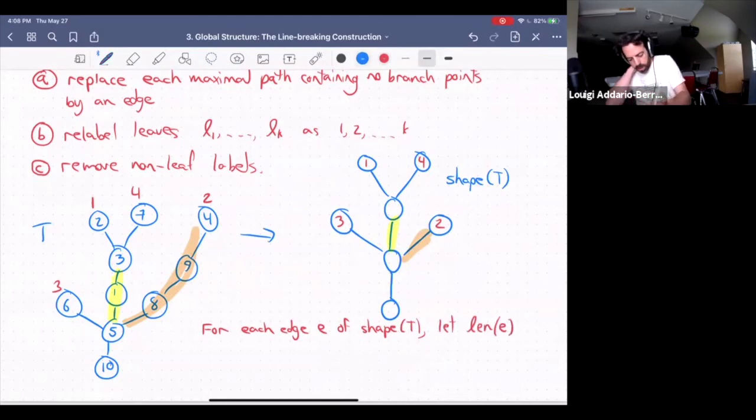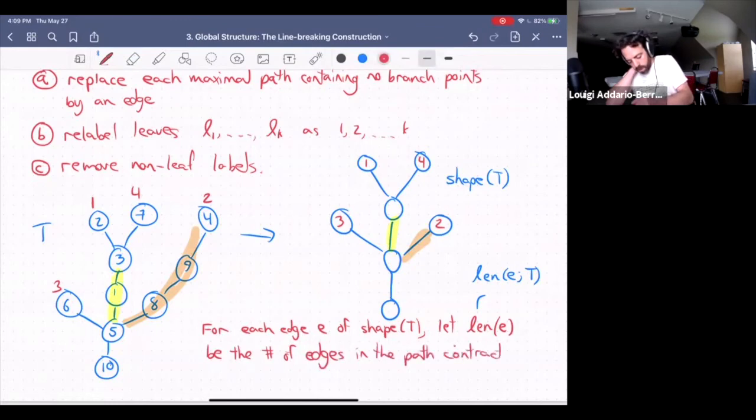The length of E is going to be the number of edges in the path which is contracted to make the edge.